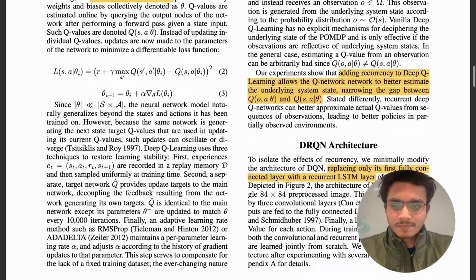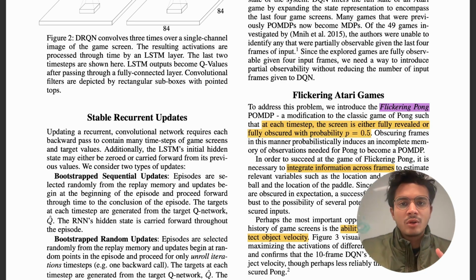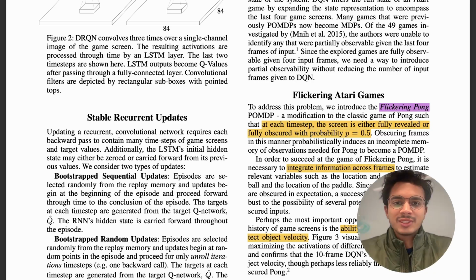Anyways, I'm looking at flickering Pong. This is basically a POMDP, and how are they introducing it? At each time step, the screen is either fully revealed or fully obscured with probability 0.5.